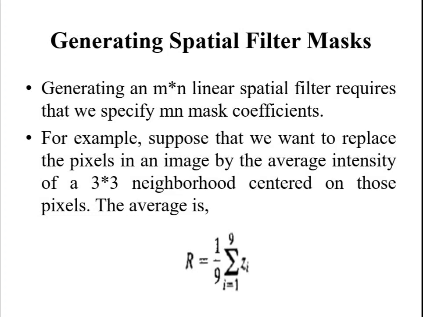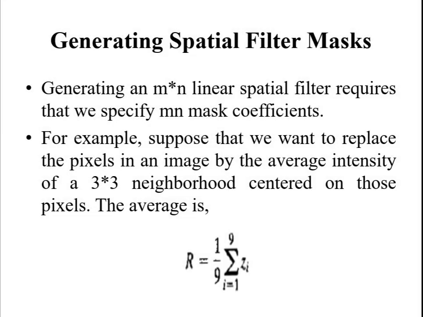The average value at any location x, y in the image is the sum of the 9 intensity values in the 3 by 3 neighborhood centered on x, y, divided by 9. Letting z_i, with i equal to 1 up to 9, denote these intensities, the average is R equal to 1/9 times the summation of i equal to 1 up to 9 of z_i.